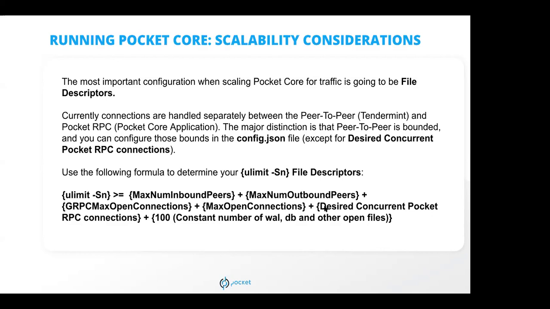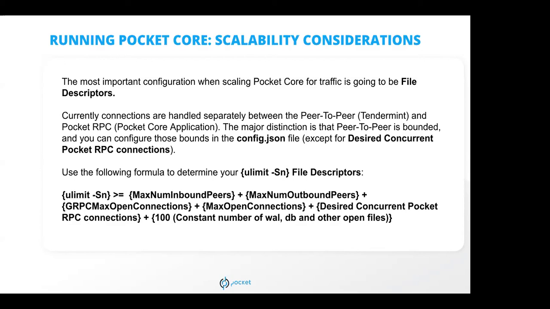The next variable, which is not bound anywhere in the config JSON, is the desired amount of concurrent Pocket RPC connections. This is gonna be purely based on how you want to scale your node. For example, one template that we're gonna prepare users for is to be able to calculate these around handling 10,000 concurrent connections via the Pocket RPC port.